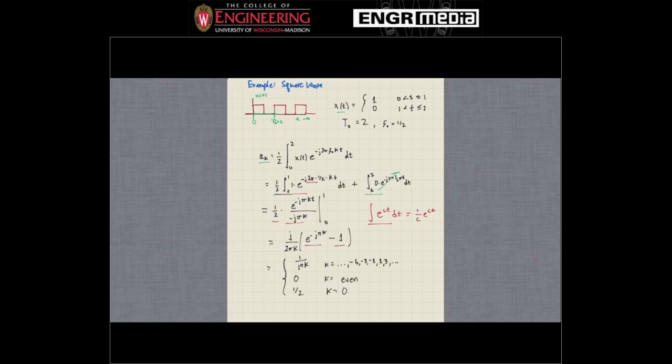Before that, I had factored out the numerator and the 1/2. And just to remind everybody, if we have 1 over j, what does that equal? Well, that's actually equal to minus j.